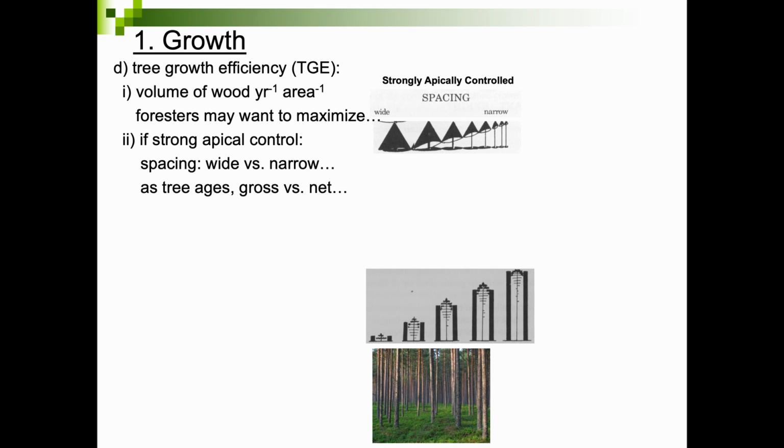So photosynthates are produced pretty much at the same rate throughout their life, right? With that being said, the gross photosynthesis remains pretty much the same throughout their lives because that active canopy remains the same size, but net photosynthesis actually decreases because there's more tissue that needs to be provided with photosynthates.